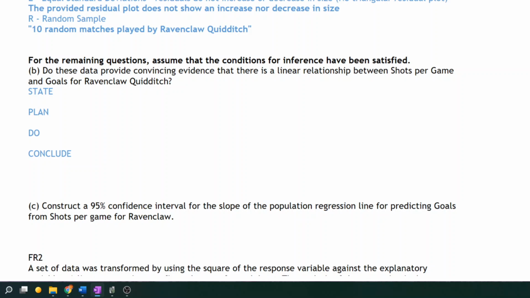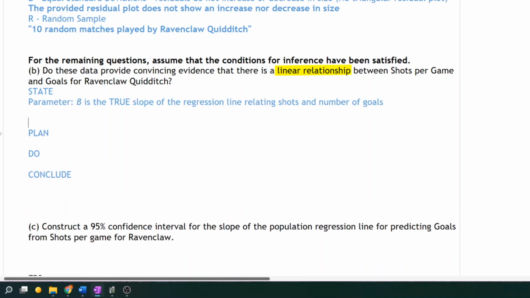Now, evidence of a linear relationship basically means that we have to test whether or not beta is not equal to 0. So state: first we're going to define our parameter, and our parameter in this case is beta. Beta is the true slope of the regression line relating shots and number of goals.